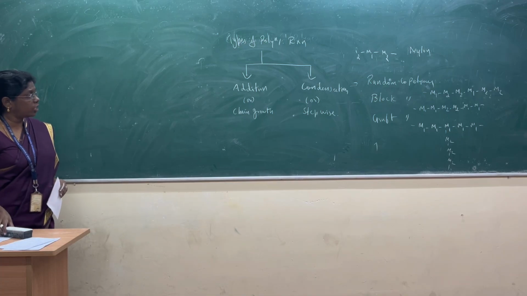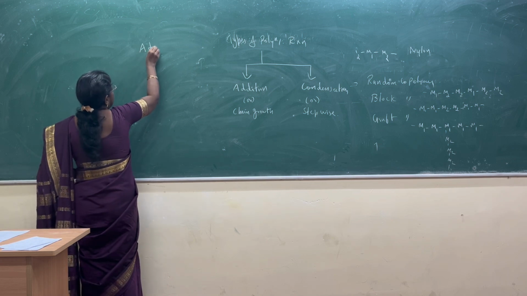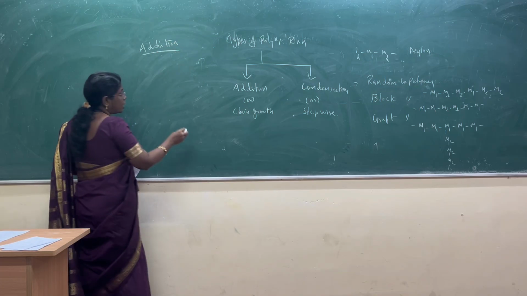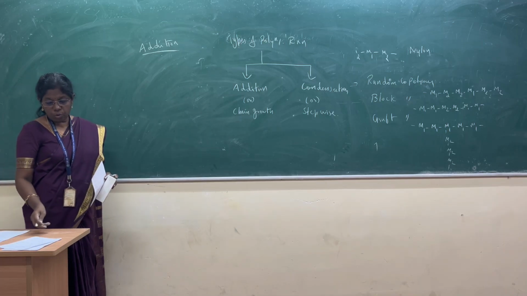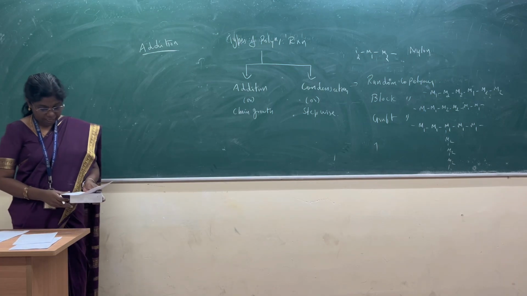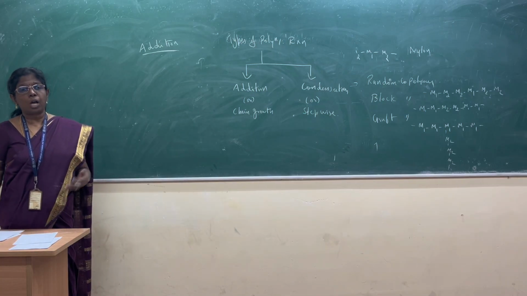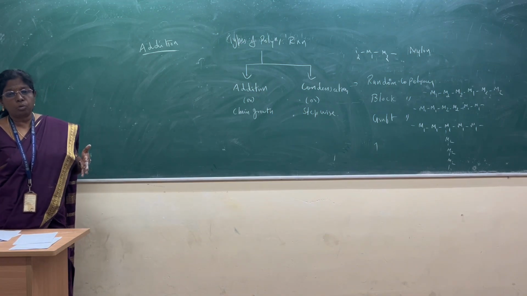Now we will see the addition polymerization reaction. What is addition polymerization? Addition is otherwise called chain growth. It is a chemical reaction that yields a polymer which is an exact multiple of the original monomeric molecule.